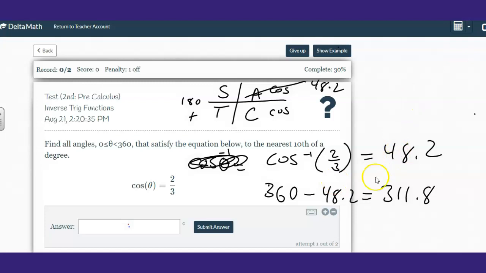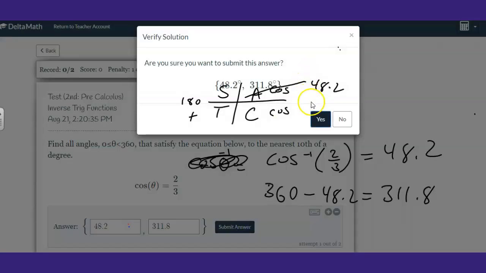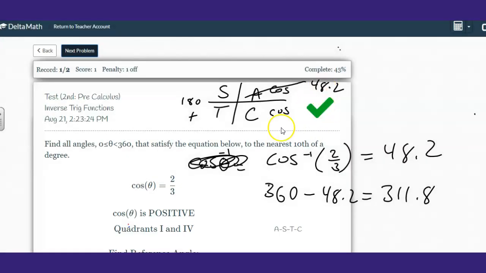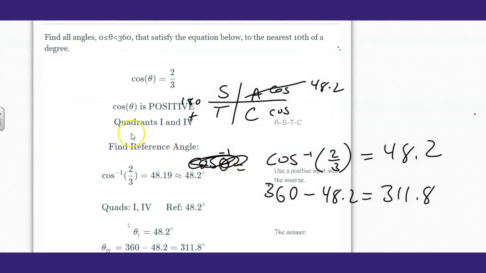Now I've got to put two angles in, so I'm going to press this plus right here, and it's going to allow me to enter both my angles. 48.2 and 311.8. Let's hit submit. Am I sure? Yeah, I'm sure, because again, it was positive.